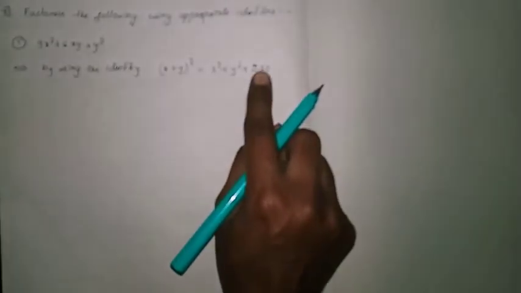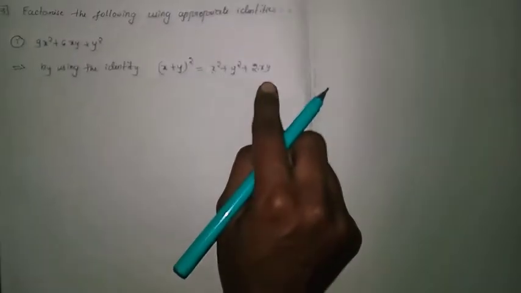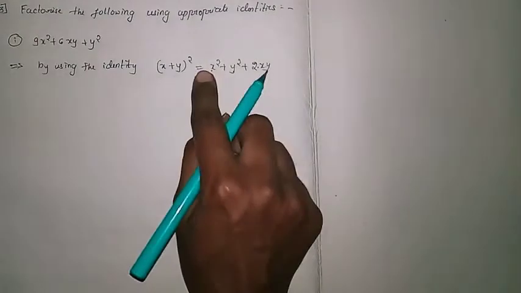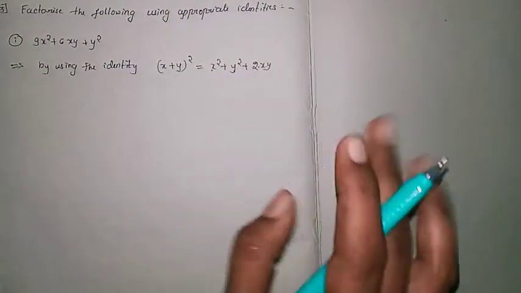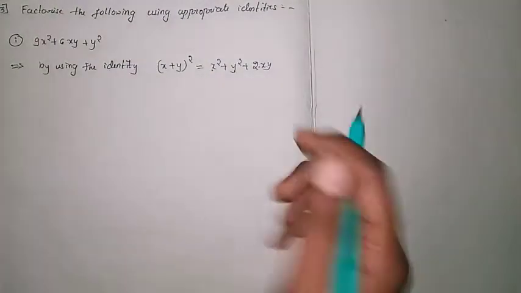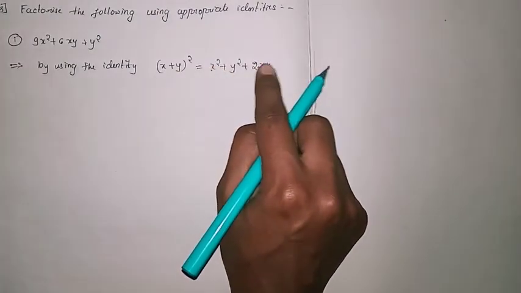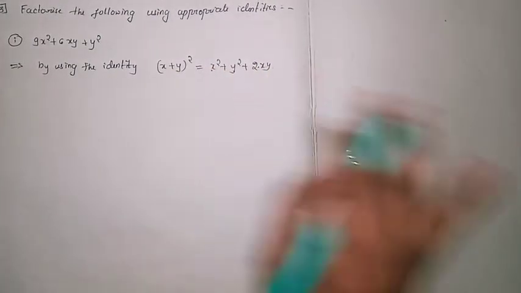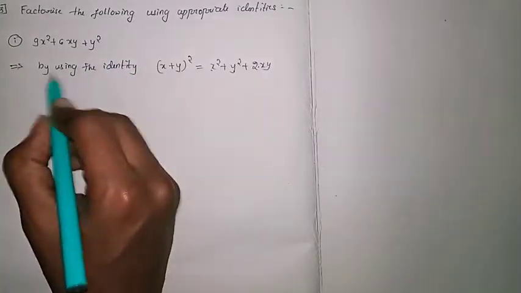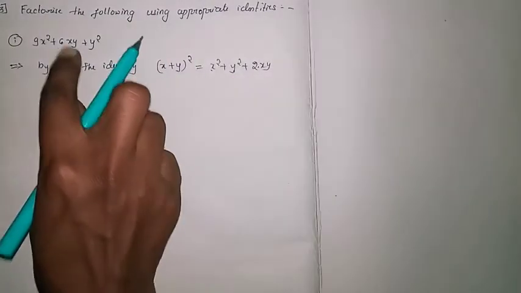I am writing 2xy at the end because when it is a negative term, we can easily write x square plus y square minus 2xy. That's why I am using this one. If you write x square plus 2xy plus y square, that is also fine. By using this identity we have to solve this one.